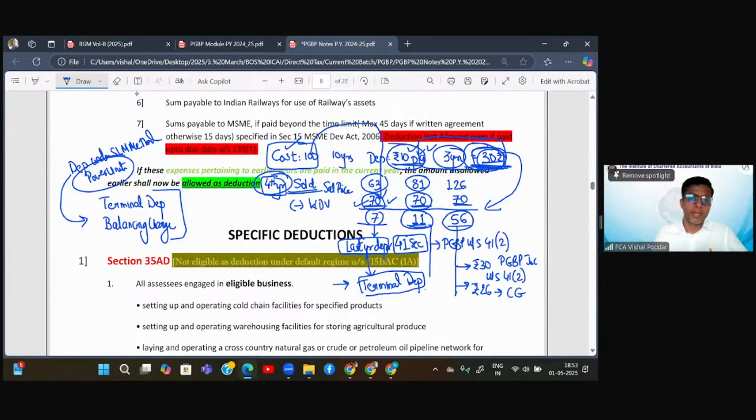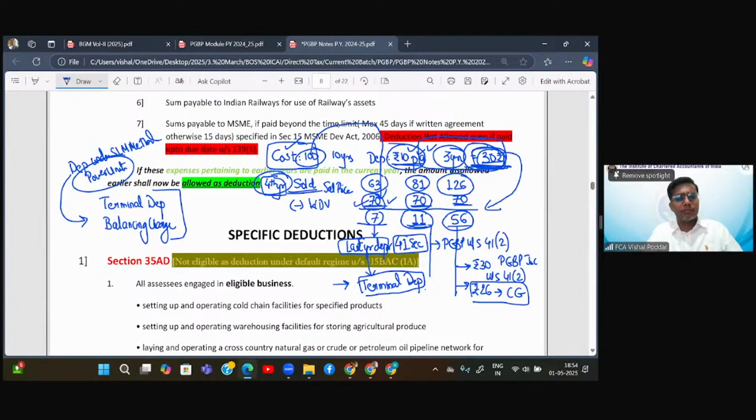And if I have to explain it differently, see, I have sold it for 126. My cost was 100. So how much am I getting above the cost? 26. That is my true profit on the capital asset. So that 26 you consider in the capital gain working. See the beauty.